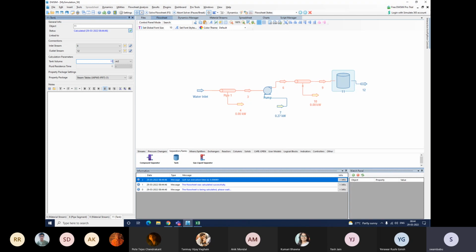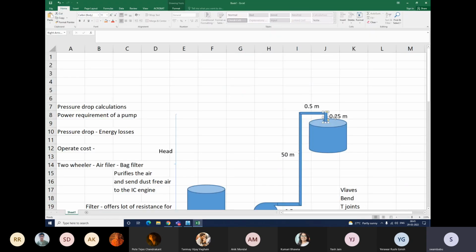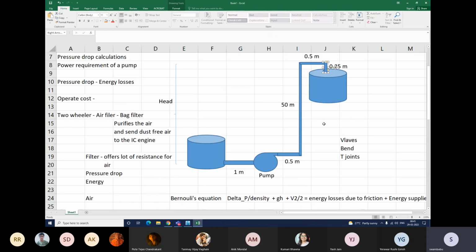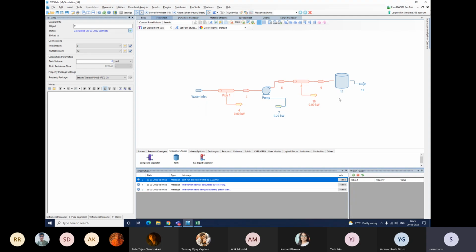Let's say 15 cubic meters or 10 cubic meters, whatever we can give randomly, because we're solving a general problem. So now we have defined the whole process from this point to this point.